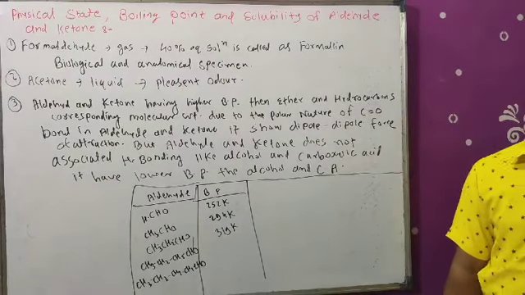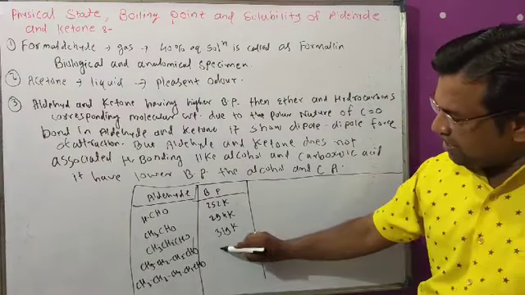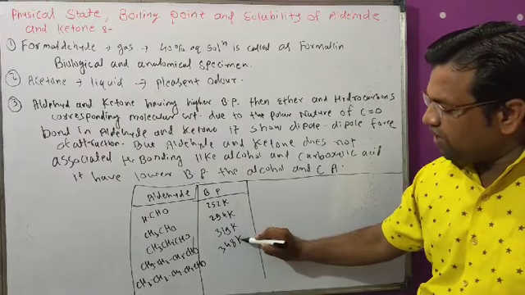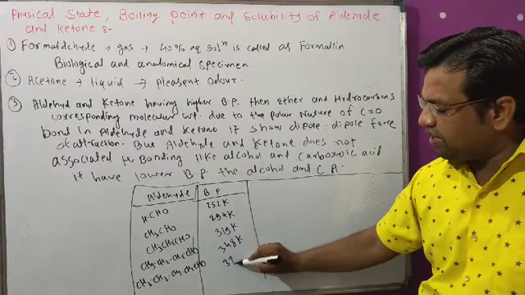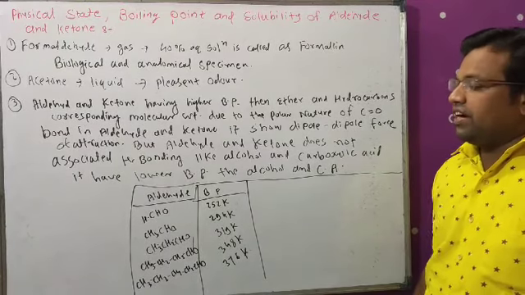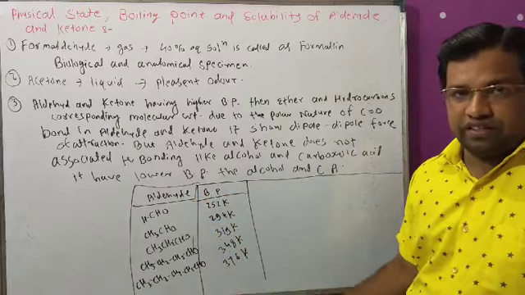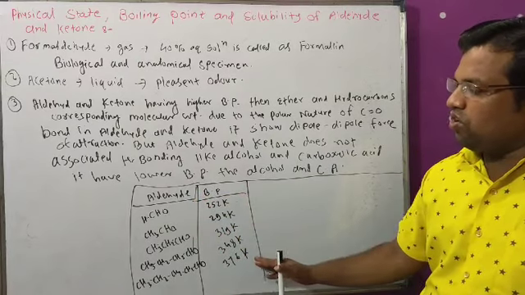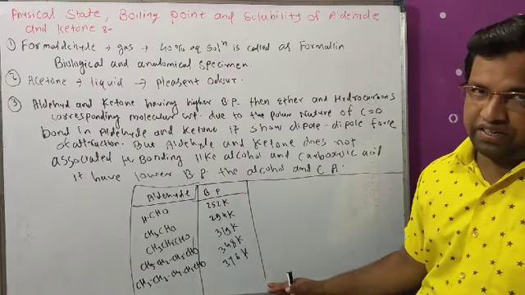Then butanal has a boiling point of 348 Kelvin, and pentanal is 376 Kelvin. Now if we see, as the molecular weight increases, the boiling point of the aldehyde increases.